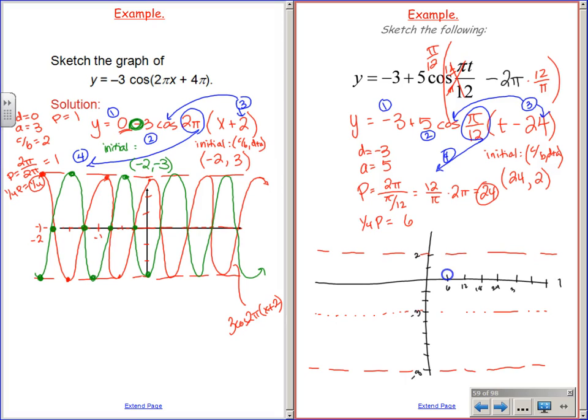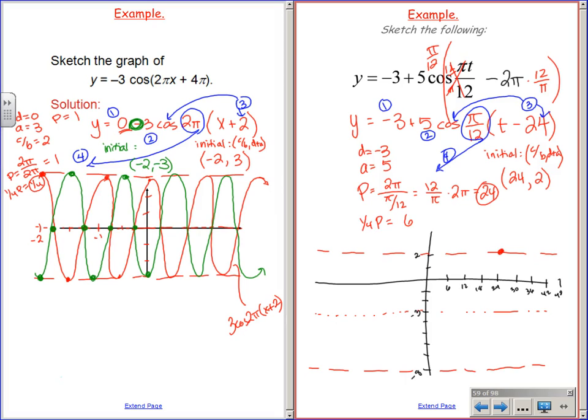Another 6 from that would be 30, 36, 42, 48, right? Why'd I go so far? Well, don't I have to start at 24 too? But how did I know to go by 6s as my tick marks? Because my quarter cycles are 6s. So I can go to 24 and say, haha, there he is.